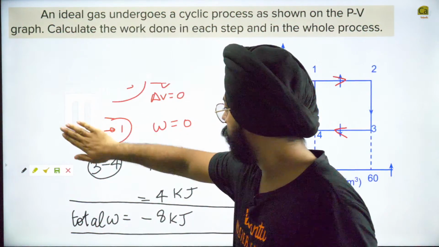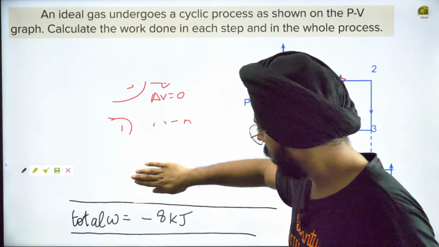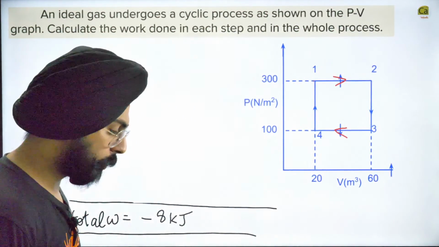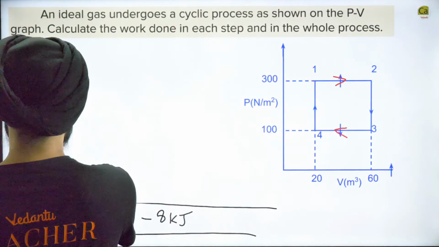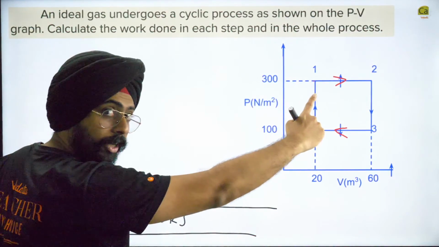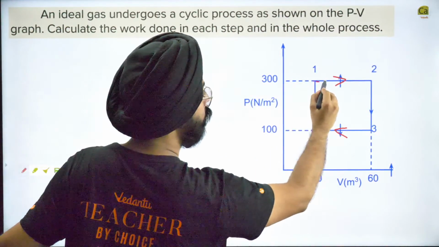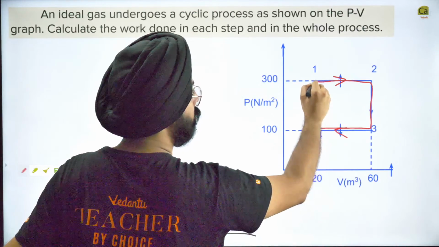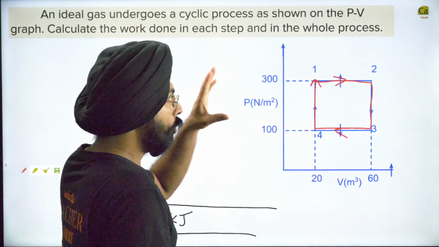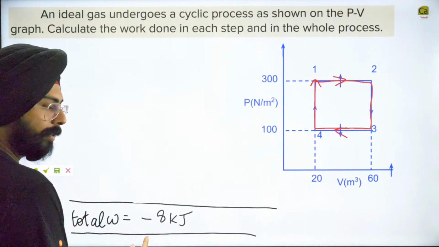My dear friends, my next question to you. Let's add on to this question and learn something new. Total work done in the cyclic process. Why am I saying cyclic process? Because it comes back to its original state. One complete cycle. Total work done in the cyclic process is minus 8 kilojoules.